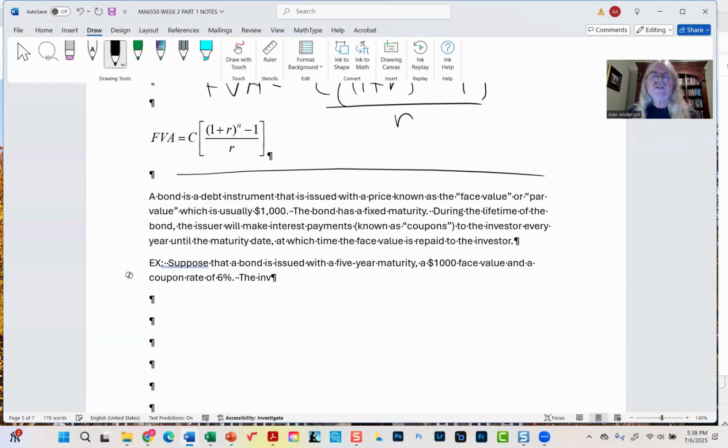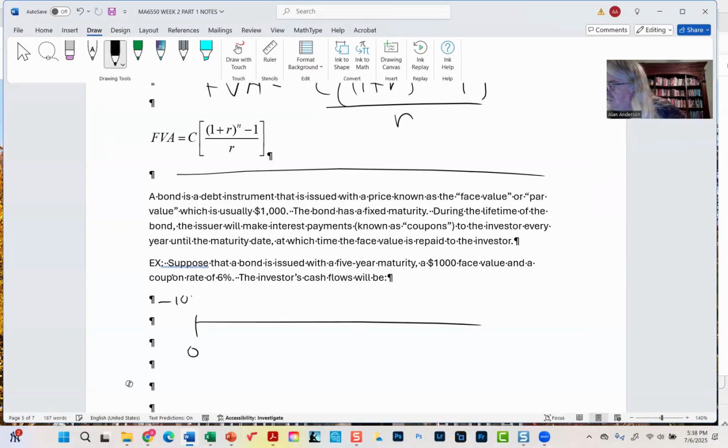The investor's cash flows will be as follows. Initially, today, year zero, we pay $1,000, and then next year we get $60. Why 60? Because that's 6% of 1,000.